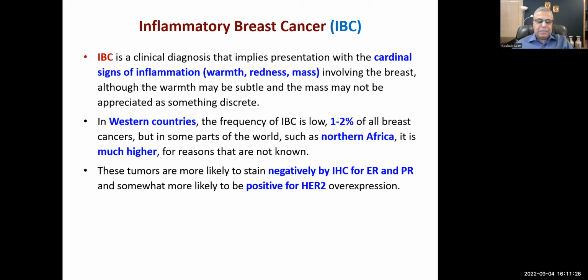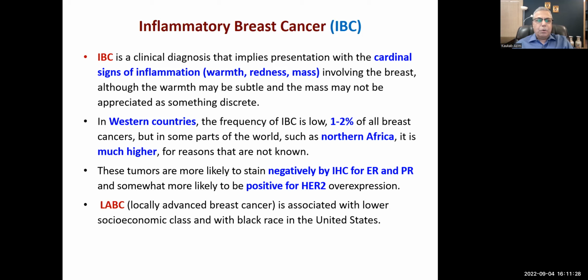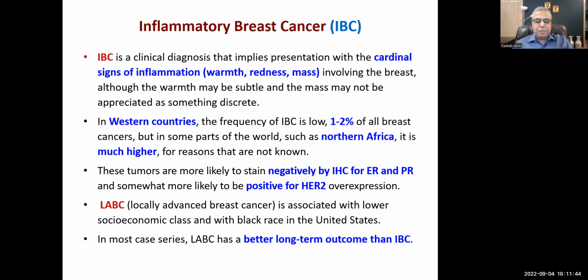So they are aggressive cancers. Locally advanced breast cancer is associated with lower socioeconomic class and with Black race in the United States. It's a bit unfortunate. In most case series, locally advanced breast cancer has a better long-term outcome than inflammatory breast cancer. Okay, so at least they are better than inflammatory breast cancers.